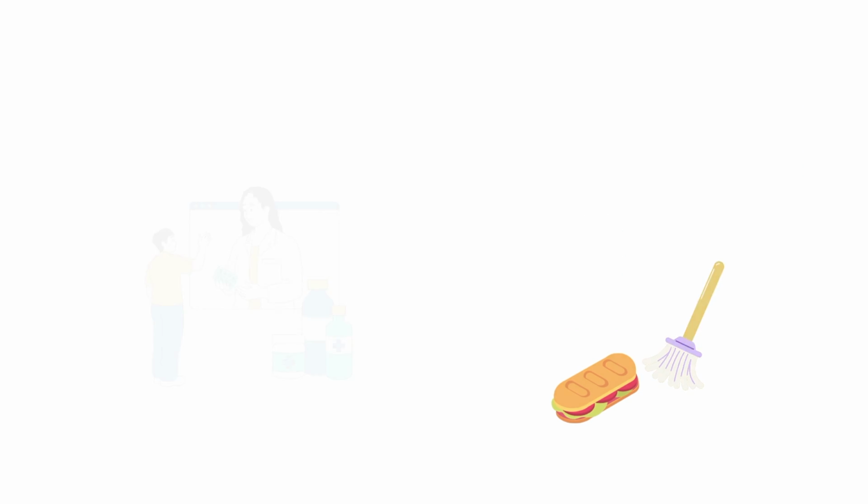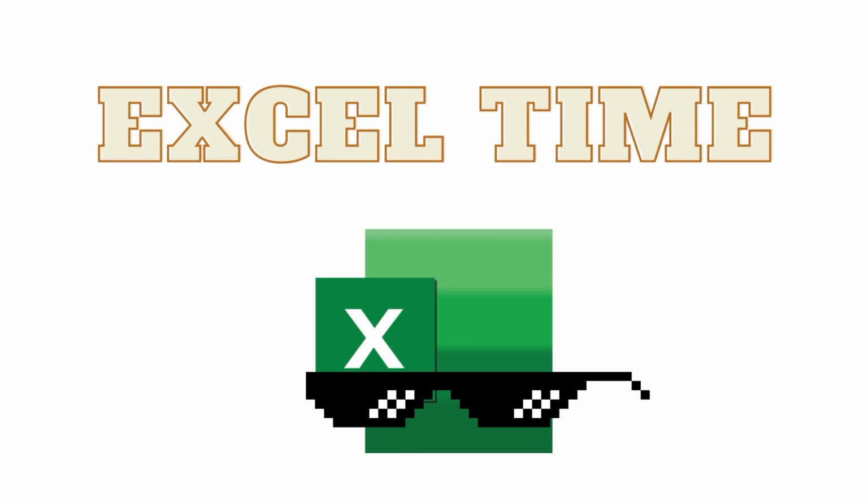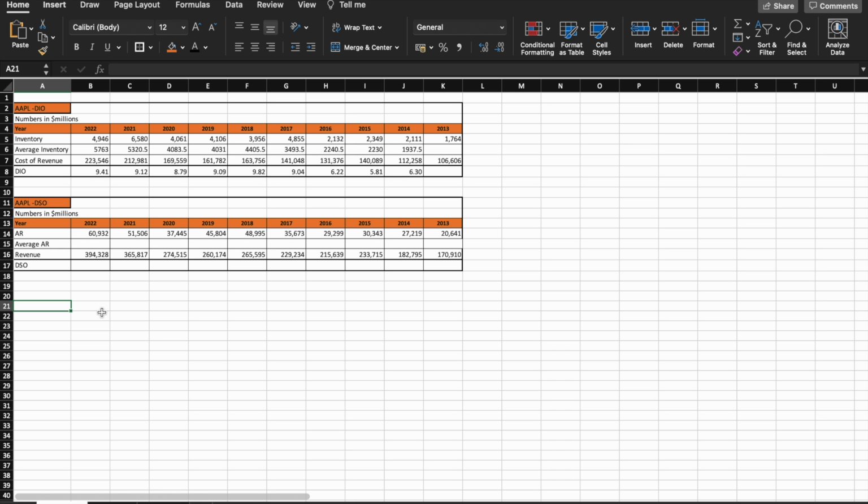And now let's get back into your favorite part, the Excel calculation. Bear with me. This is the Excel spreadsheet of happiness, because afterwards you will know how to calculate DSO. The calculation is fairly simple.